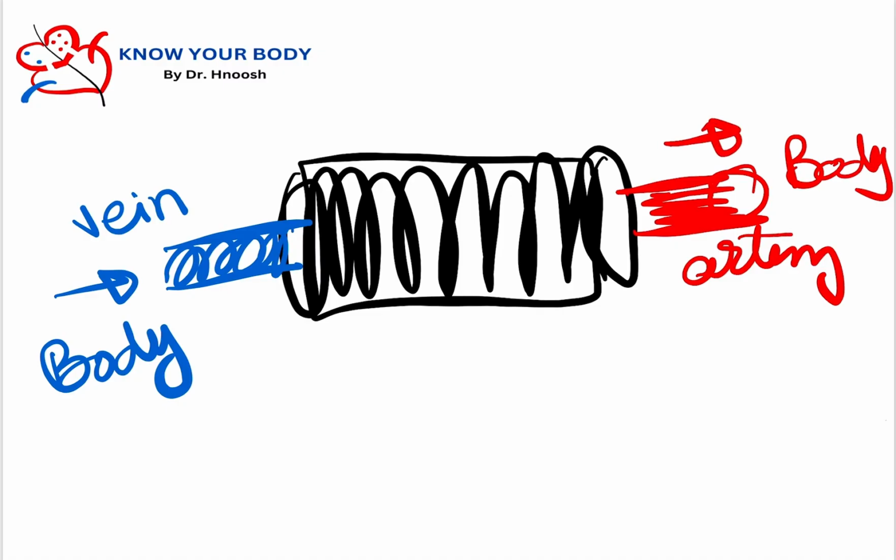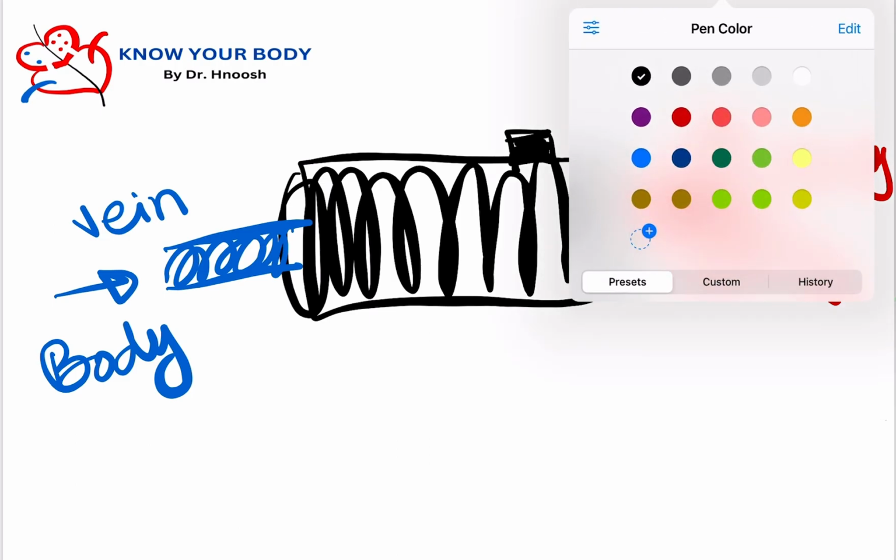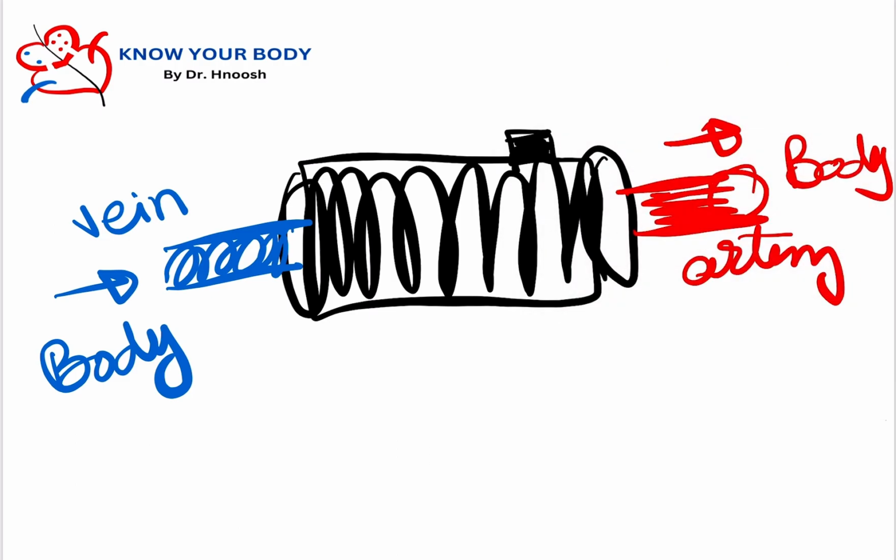Okay? That motor has a switch, on and off, or a dimmer. Okay. So, when the dimmer is in the on situation, the heart is gonna squeeze, okay?